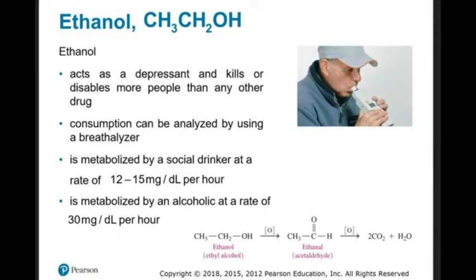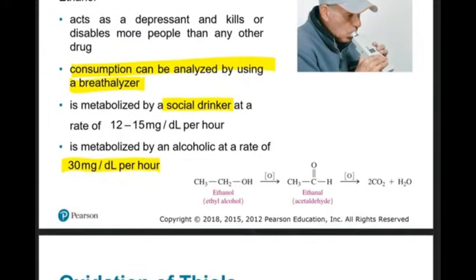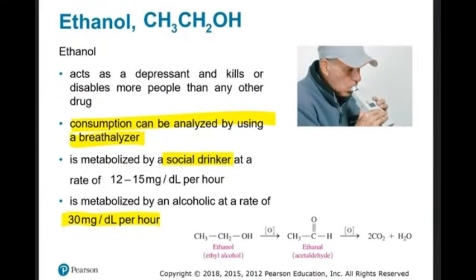You can analyze the alcohol content with a breathalyzer, and people who drink a lot metabolize ethanol much faster than a social drinker, like someone having a couple of glasses of wine once in a while. Okay? Now, I was anticipating that, a few biological aspects.